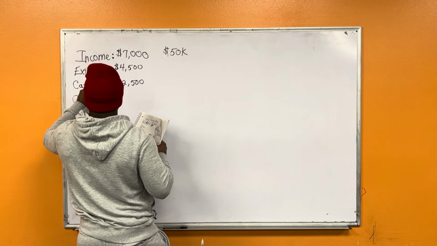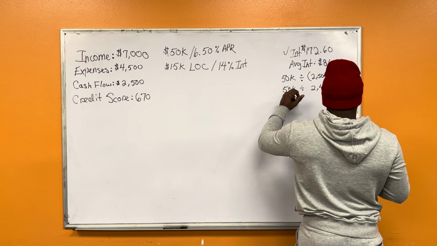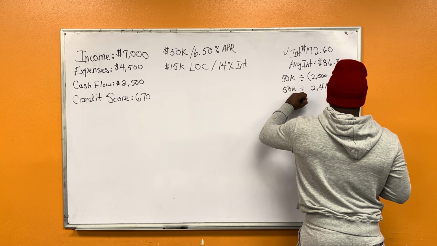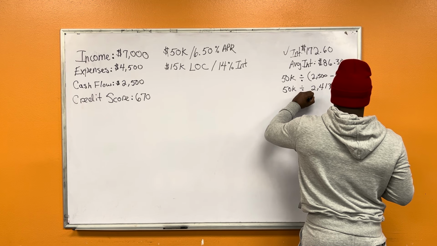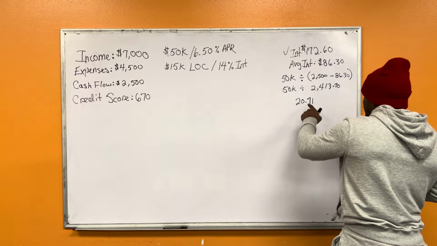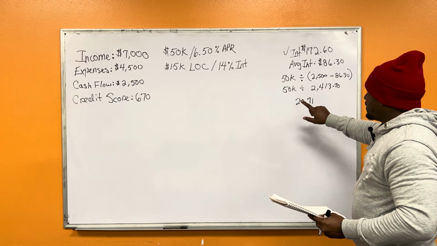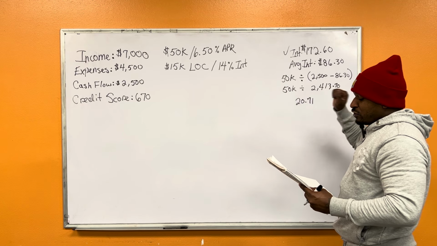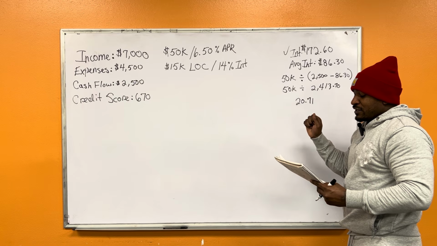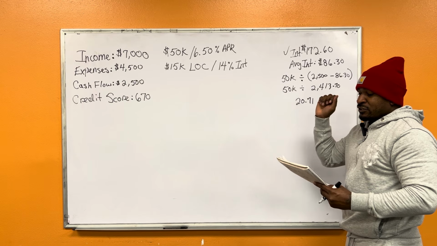Now, from here, I divide the debt by the number that I just got out of the parentheses, right? So that comes out to 20.71. Now, this number, the 20.71, is the total months that it's going to take for payoff.